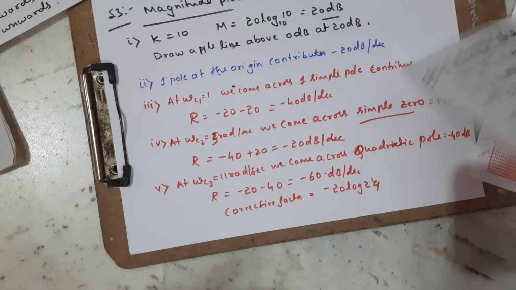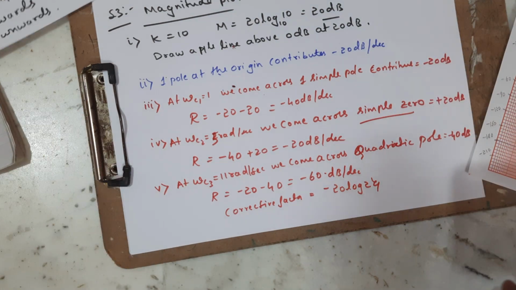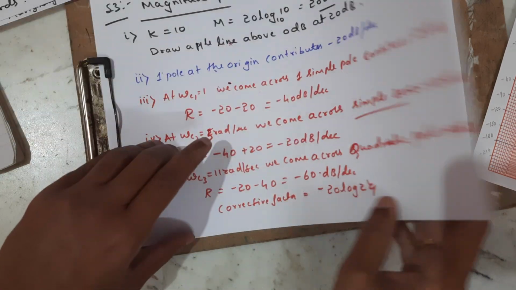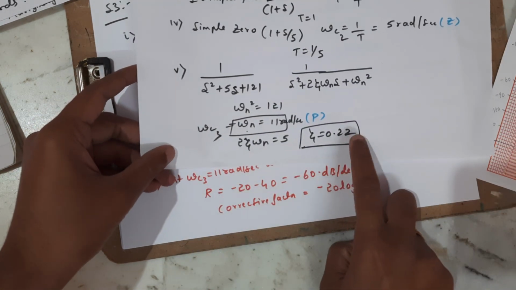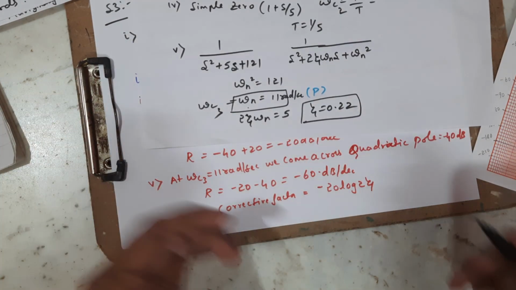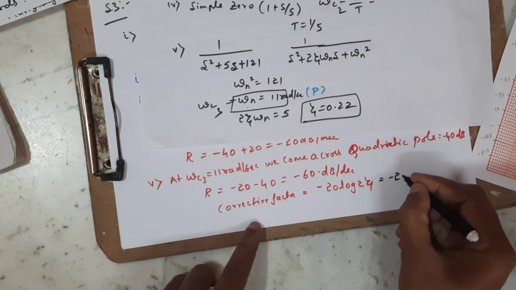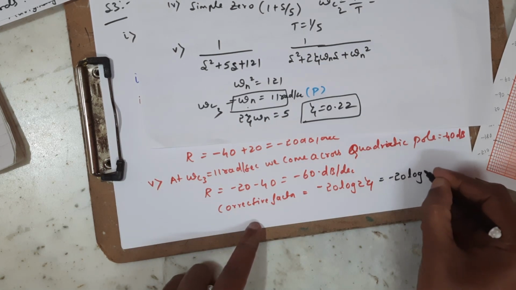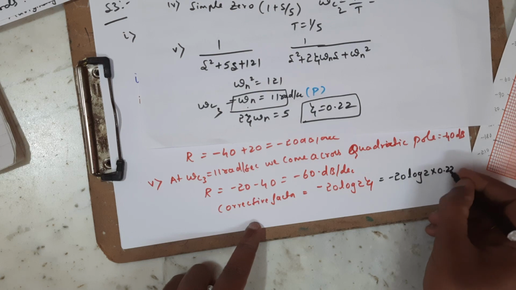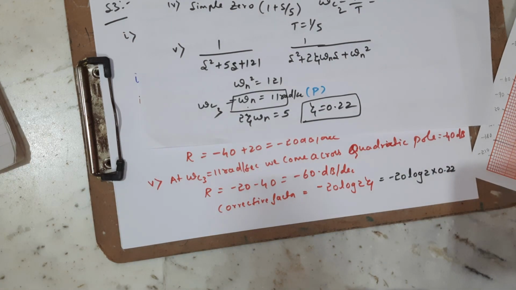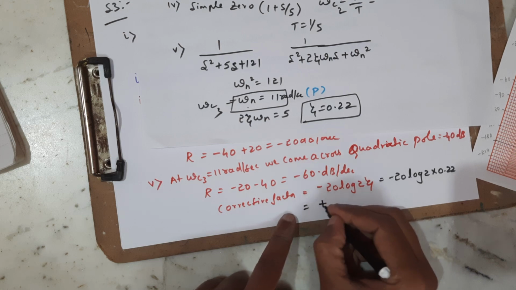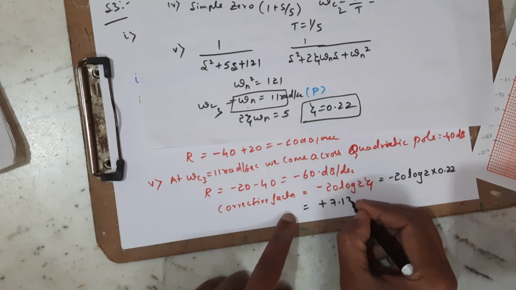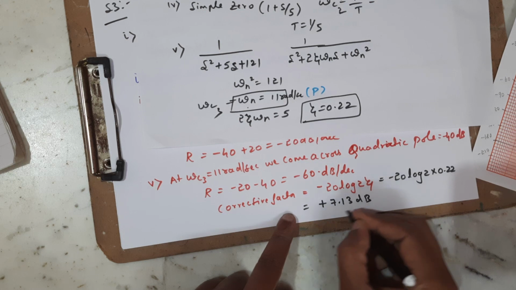Previously we calculated zeta, that is 0.22. If I apply it here, minus 20 log of 2 into 0.22, we get plus 7.13 dB.